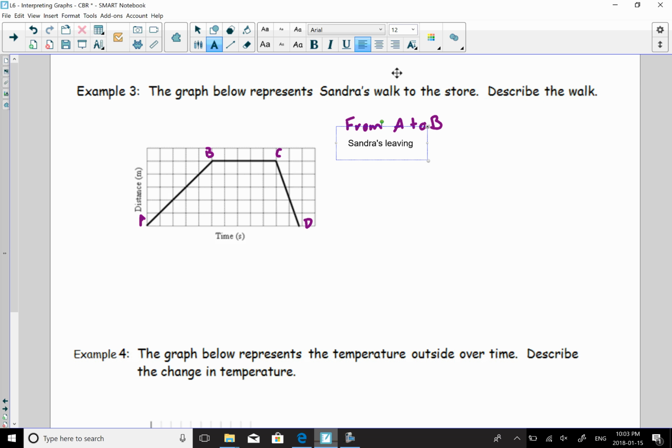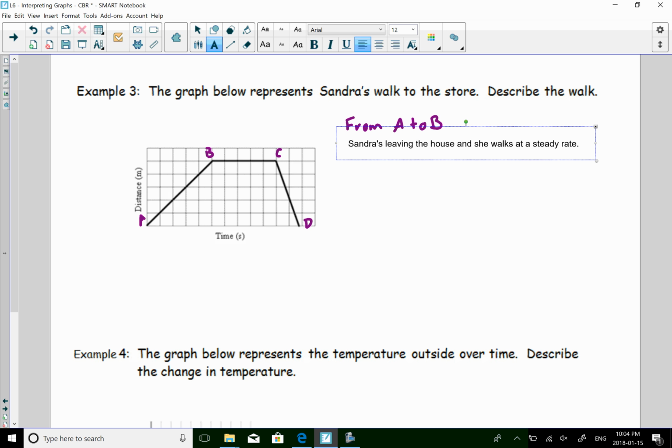She's going away from the house, and she walks at a steady rate. Why is it steady? Because the line is straight. There's no curves.